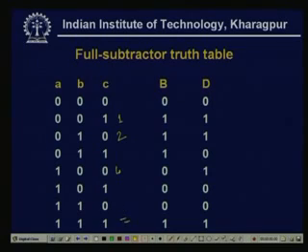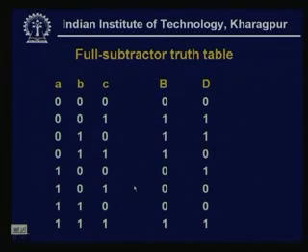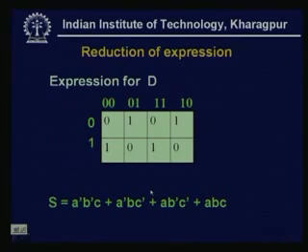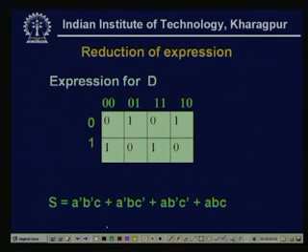So, 1, 2, 4, 7 are the minterms. Now, if we draw that, there are 3 inputs. So, these are my A B, this is C. So, 0 0 1, this is my 1, then this is 0 1 0, this is 2, this is 1 0 0, 4 and this is 7.